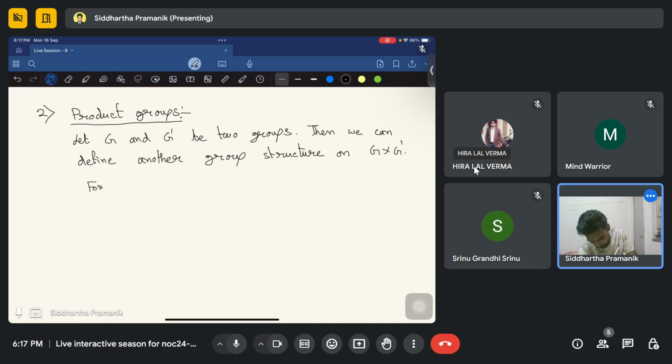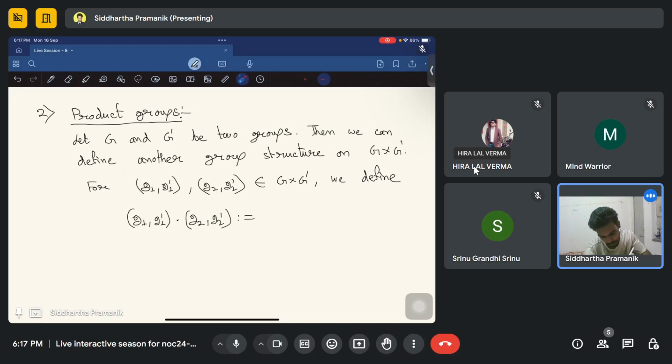For (g1, g1') and (g2, g2') belonging to this Cartesian product, we define (g1, g1') dot (g2, g2'), so we are defining a multiplication operation on this product set, to be (g1 g2, g1' g2').